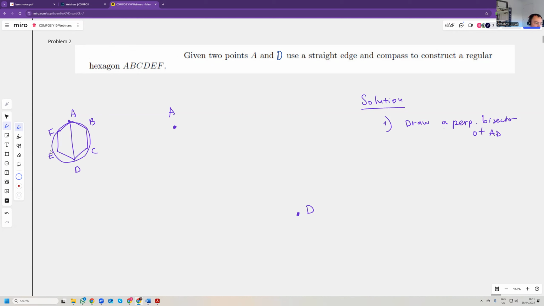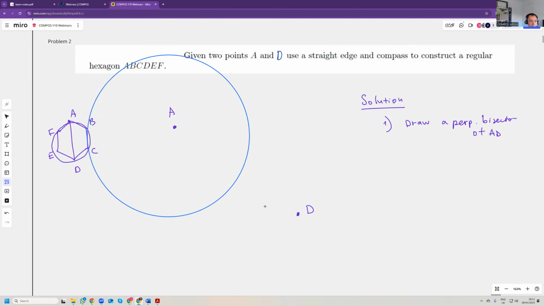We don't need the full bisector, just a bit. So you draw a circle around A. I think I have a solution to our problem.